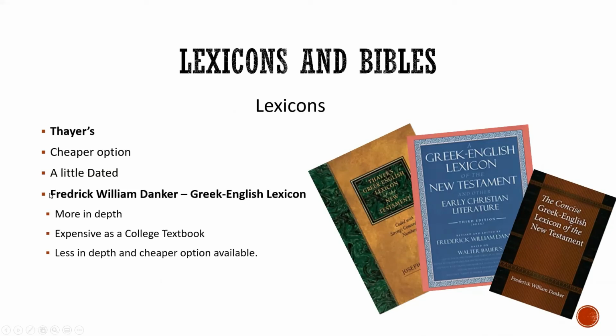Versus the middle one, and the one on the right, which is a very in-depth lexicon, pretty much as expensive as a college textbook, but it gets into the words more in depth. However, there's a less in-depth and cheaper option available to the right.